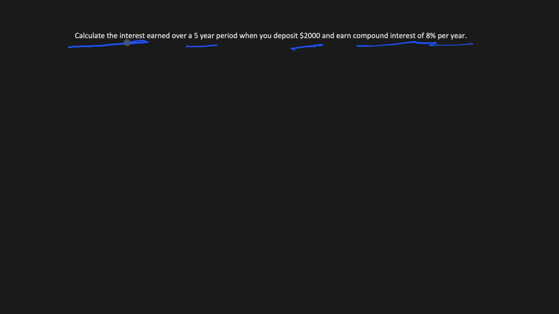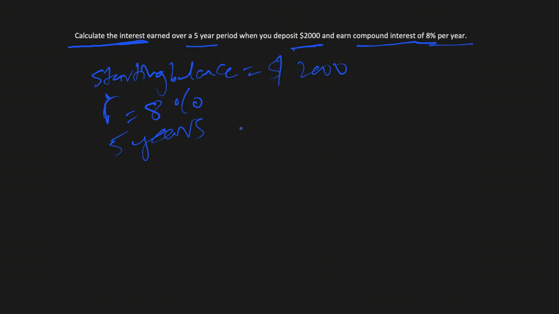We have to calculate the interest. The information we have is our starting balance is $2,000. Our compound interest rate is 8%, and it's been for 5 years. So we have to calculate interest.